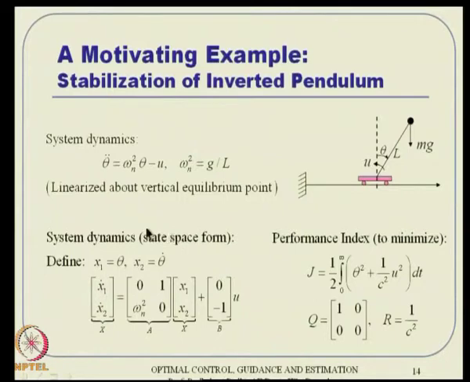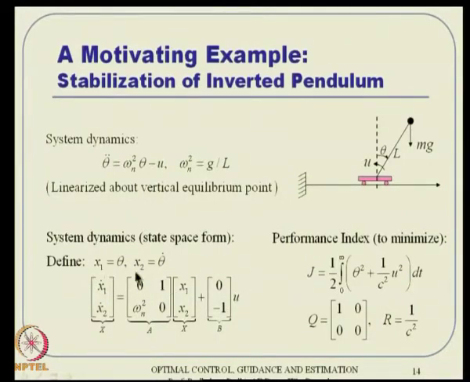So, theta and theta dot happen to be the state variables. First we write this dynamics in state space form, where you define x1 as theta and x2 as theta dot. Then the dynamics takes this form: x1 dot is 0 times x1 plus x2 plus 0 times u.